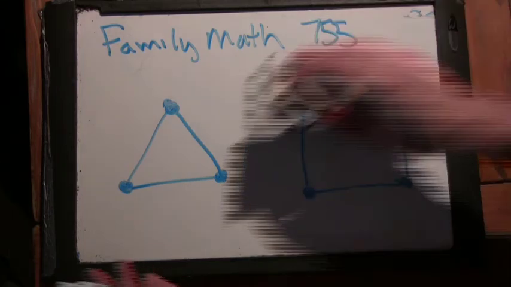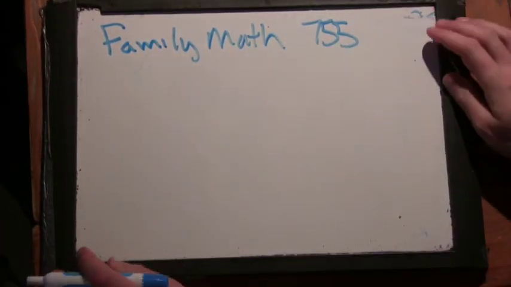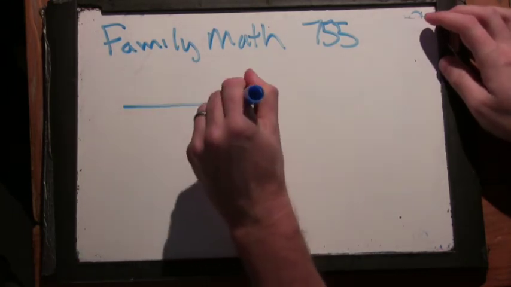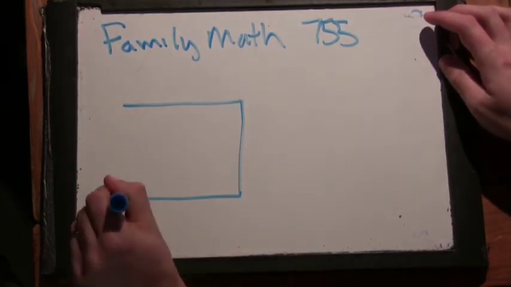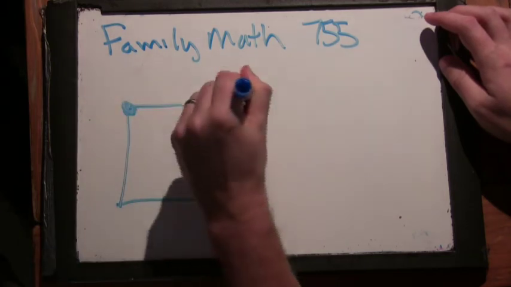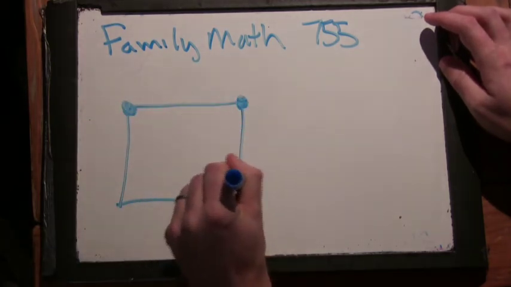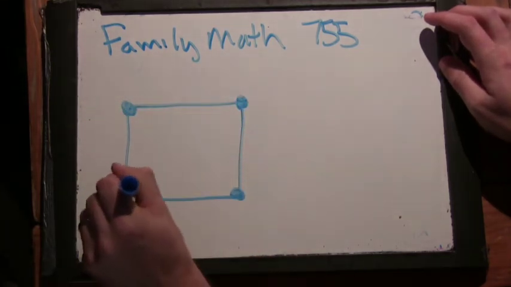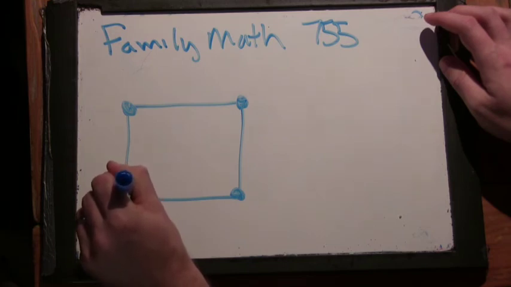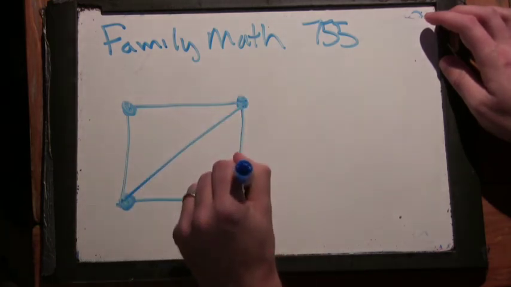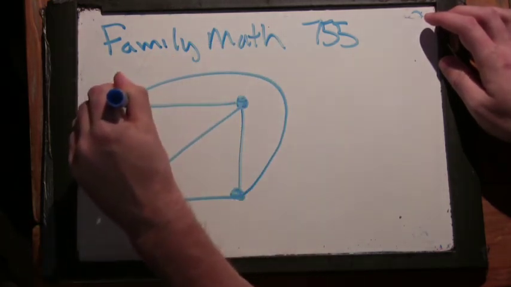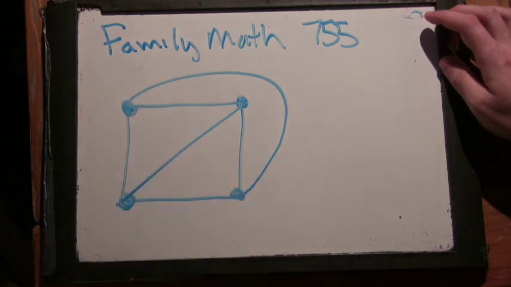And so the first thing we're going to look at, I just want to make sure I get it drawn right. So I'm going to go with a square again. And I'm going to have connections that go like this. But it actually doesn't matter if the connections cross.